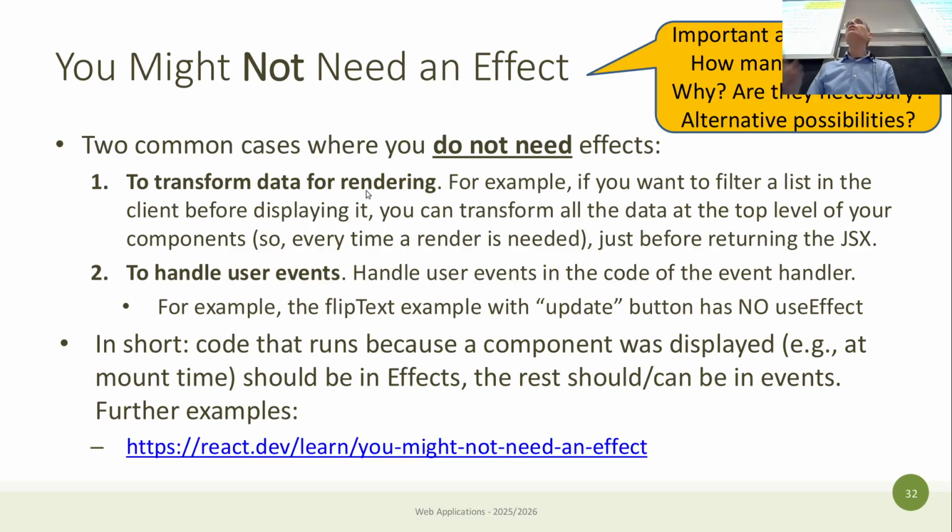Transforming data for rendering, okay? I mean, you already did the lab with the films, and there was a filter to apply, okay? I hope nobody of you has used a second state with a second list of films, okay? It's possible to solve the problem in this way, with a filtered list of films.